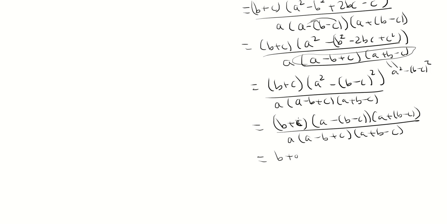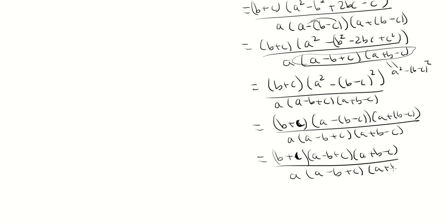And this is a c, actually. We have a minus b plus c, a plus b minus c. And then clearly we see that the a minus b plus c will cancel, and so will the a plus b minus c. And so all that we're left with is b plus c over a.